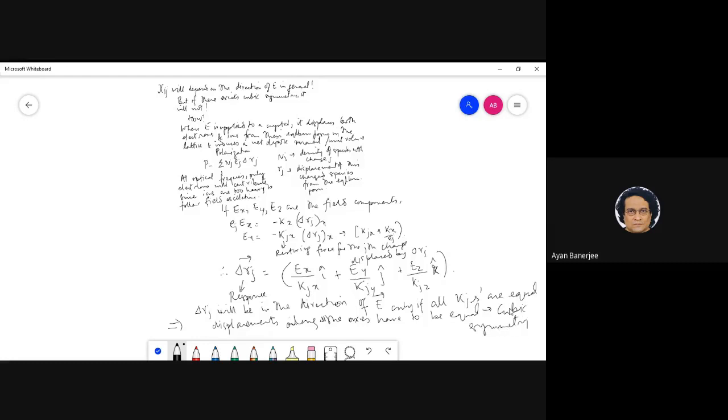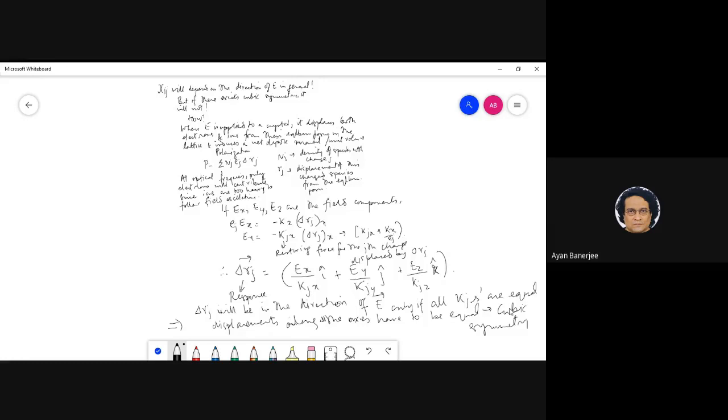So one depends on the other. If the displacements are all equal, that essentially means that your k's are all equal, and that only occurs when you have cubic symmetry of the ions in the crystal lattice.